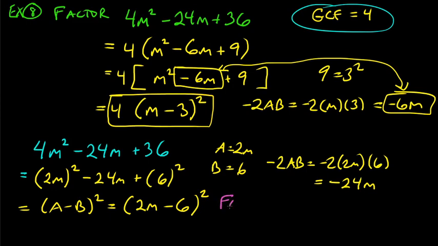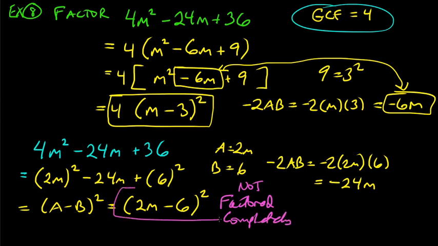So this is factored, but it's not factored completely. If you left your answer like this, you will get partial credit because it is only partially factored. But you see the issue, right? We didn't factor out the 4.